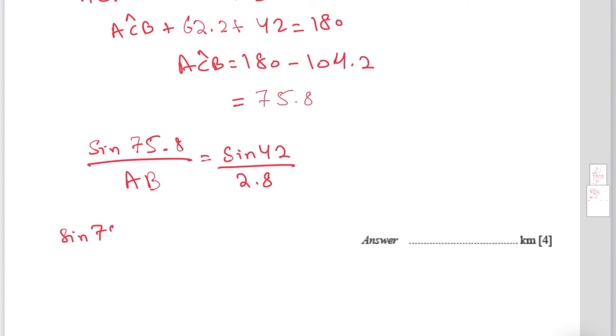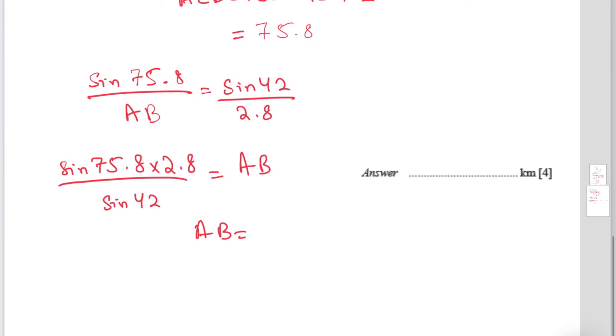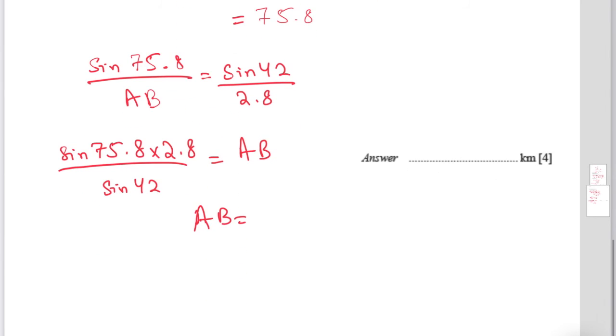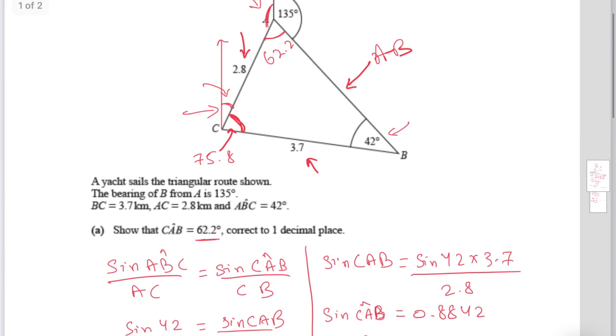Sine 75.8 gets multiplied by 2.8, then gets divided by sine 42, and this would give us the length of AB. Let's plug this into the calculator and see what we get. So AB, sine 75.8 times 2.8 divided by sine 42 gives us 4.1 kilometers. Okay, so we have this length over here.